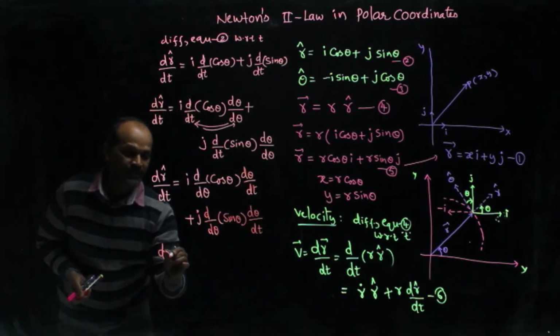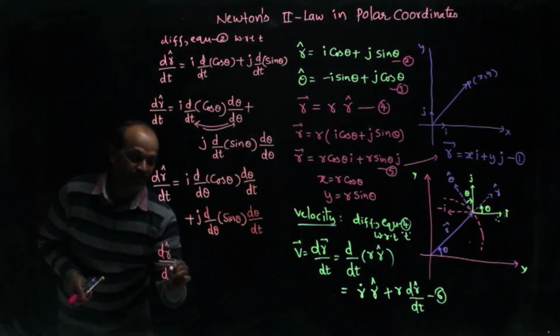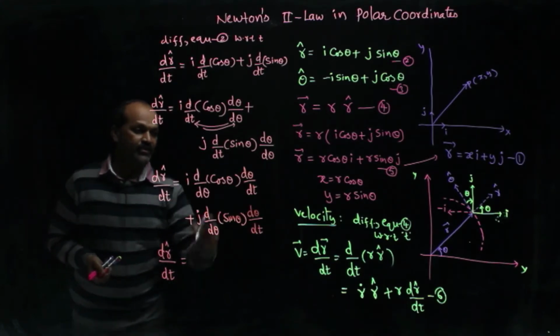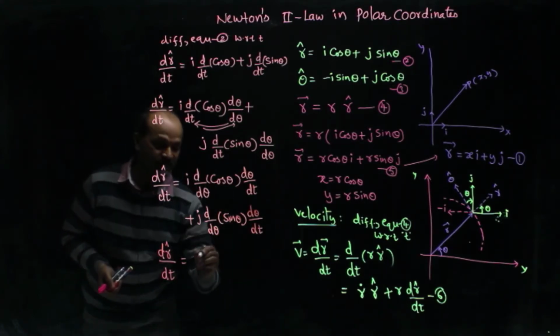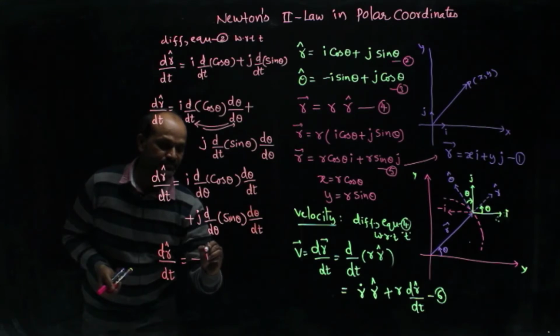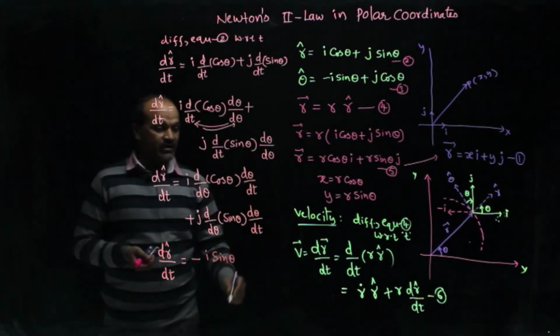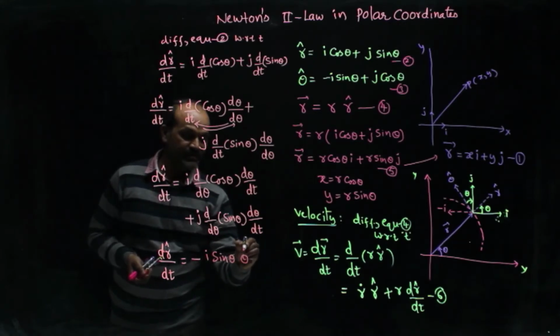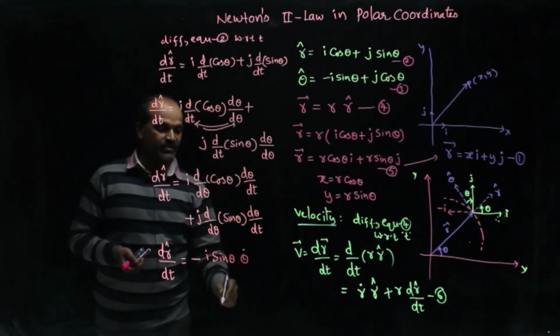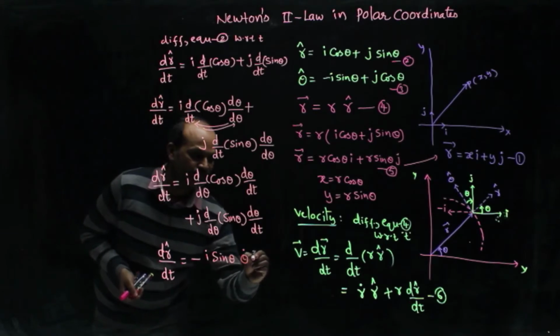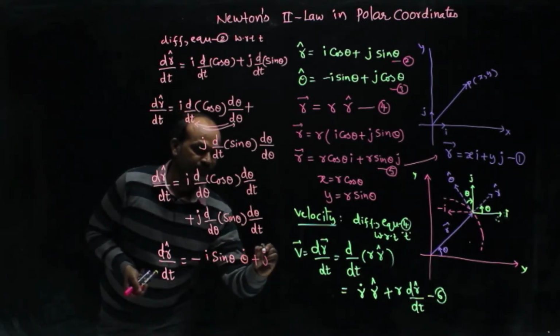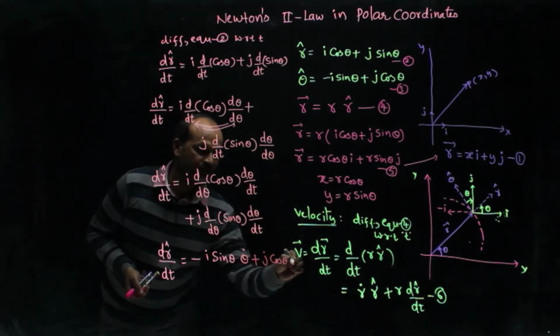So dr cap by dt, the velocity is how much? Differentiation of cos theta is minus sin theta, so minus i sin theta d theta by dt, let me write theta dot, plus j cos theta theta dot.